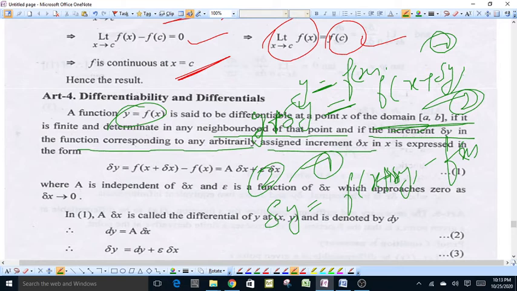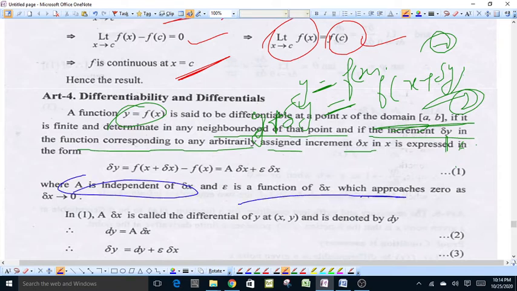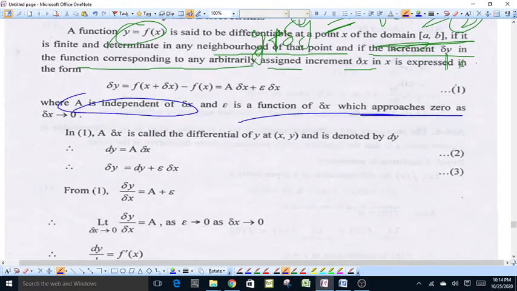This can be written as a delta x plus epsilon delta x, where a is independent of delta x and epsilon is a function of delta x which approaches 0 as delta x approaches 0. So this first equation can be written as delta y = a delta x + epsilon delta x.